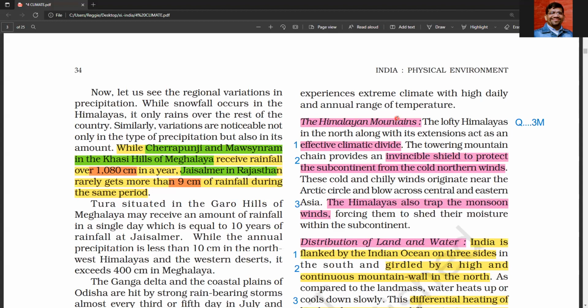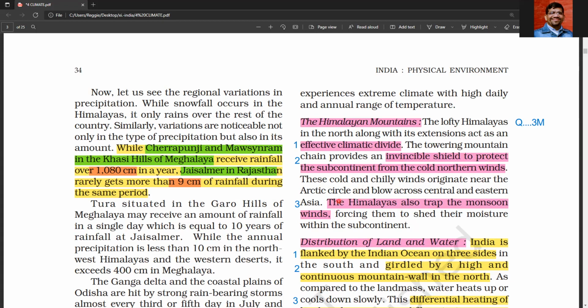South of the Himalaya, because of their presence, a lot of the cold winds cannot come to India, except in the winter season. Some of them may cross the Himalayas, like the cold wave at present in Delhi, which comes from across the Himalayas. So usually it is a very effective climatic divide because it saves us from the cold winds of the Arctic region.